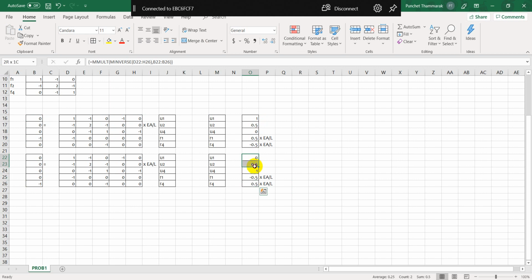I don't care about the displacement solution up here. I just need the resulting reactions. So from this, I can establish the stiffness matrix, which is 0.5, minus 0.5, minus 0.5 and 0.5. Okay, that's it. Done for the first problem.